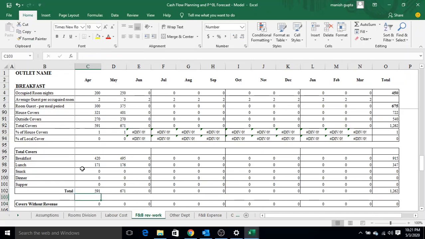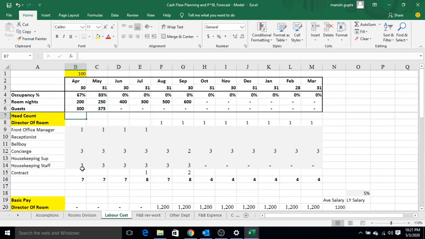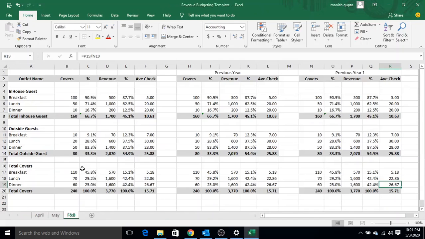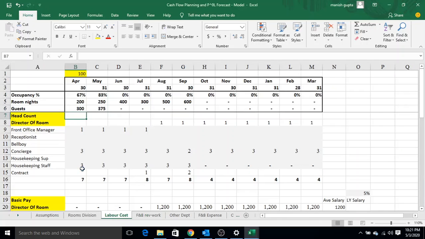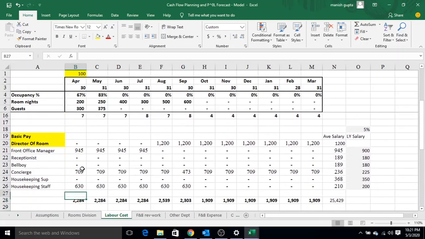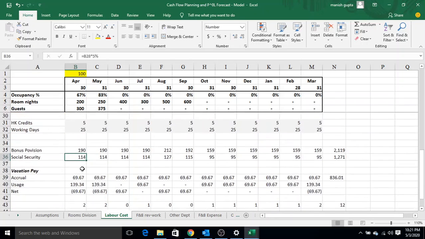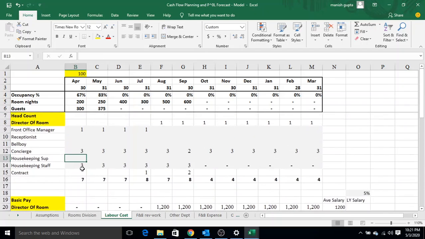This is how you calculate the F&B budget, F&B manning. And the rest of the things for basic pay and employee benefits remain the same. It is particularly simple. So this was the labor cost.